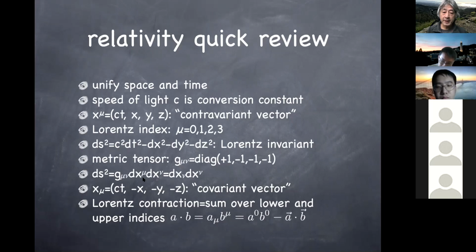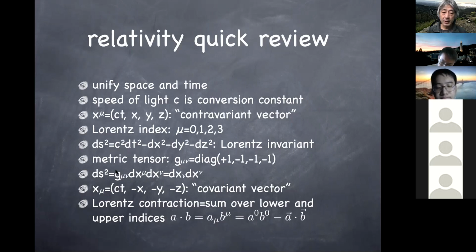And now comes the idea of using the lower index. Whenever you have g mu nu multiplying this vector with the upper index, you can define a 4 vector with a superscript, sorry, this is the one with a subscript. So the index is now downstairs instead of upstairs.